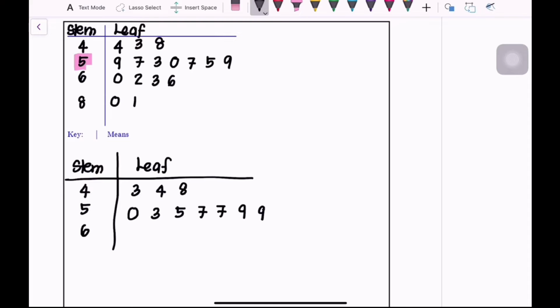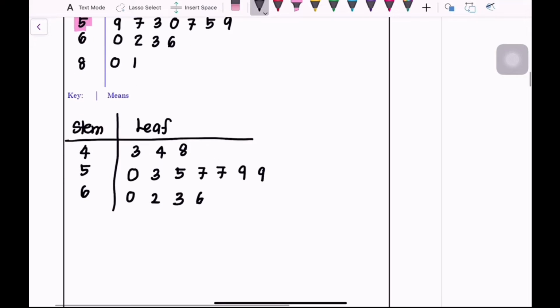For stem of 6, we have 0, 2, 3, 6. And for stem of 8, we have 8, 0, 1.